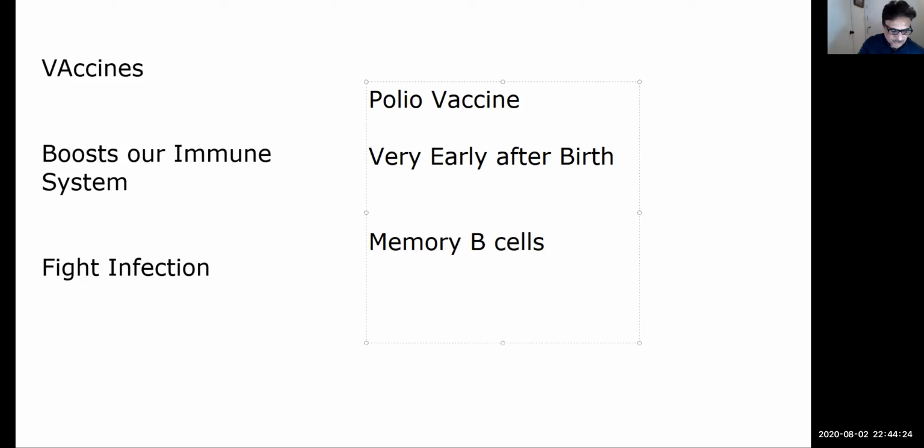These memory B cells will produce antibodies to fight the new infections, right? So vaccines are those agents that are there to boost the immune system, and this immune system serves as a memory, and when the person encounters this bug, this pathogen, again, then these memory cells are ready to fight. They don't have to educate themselves again, they are ready to fight.